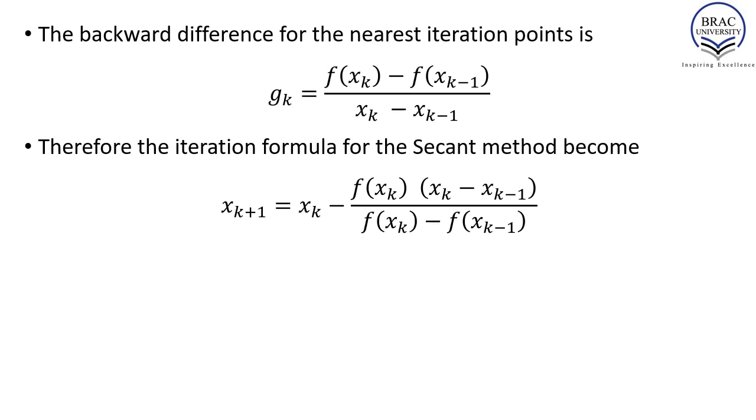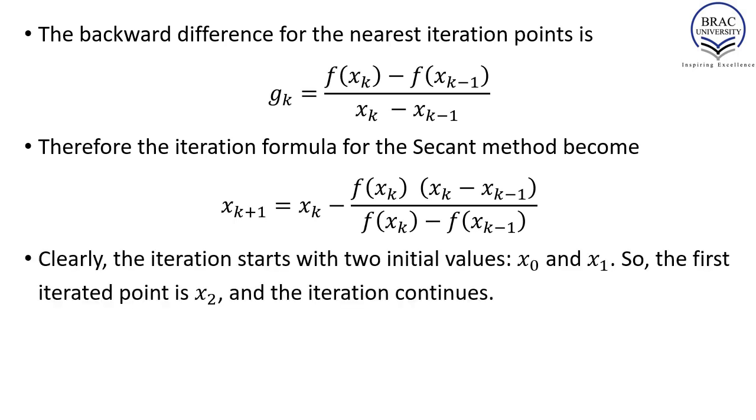Now, to apply this iteration method, you can see that to start the iteration we need two points, not a single point, unlike previous methods. In the previous methods, we start from a single point x0 and then start the iteration, but here we need two initial values, x0 and x1, and then we compute x2.